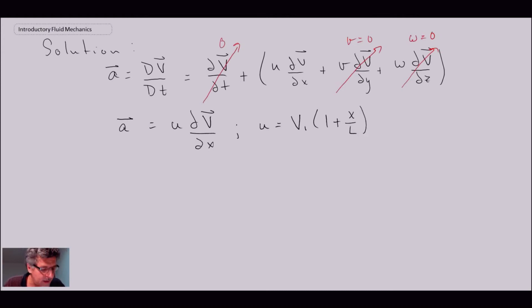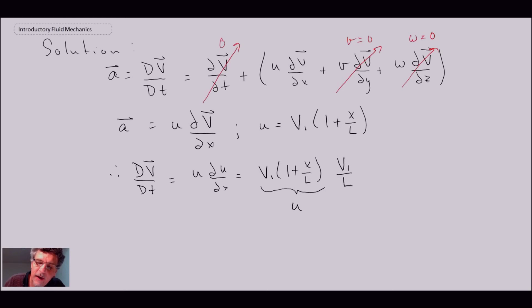If you recall our expression for velocity, I will substitute that in. This would be u, and then we multiply it by du/dx, where du/dx is v1 over L. With that, we can write out the acceleration in the x direction.